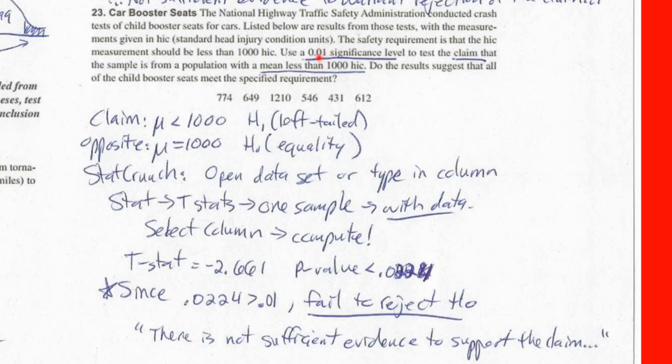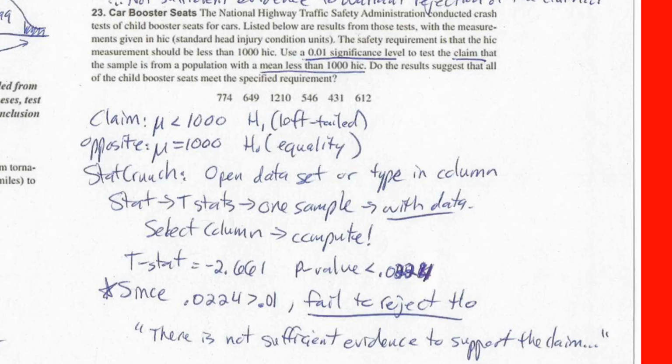So that means that the p-value has to be really, really small in order for us to reject H0. The claim is that the sample is from a population with mean less than 1,000 HIC. So that is right here. There's the claim, less than. Opposite is equal to. Equal to, or equality, is always the null hypothesis. Alternative is always what we're testing.